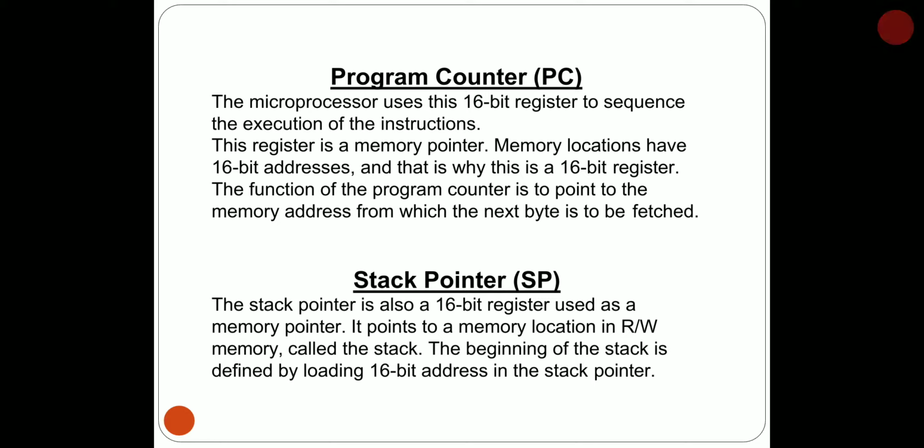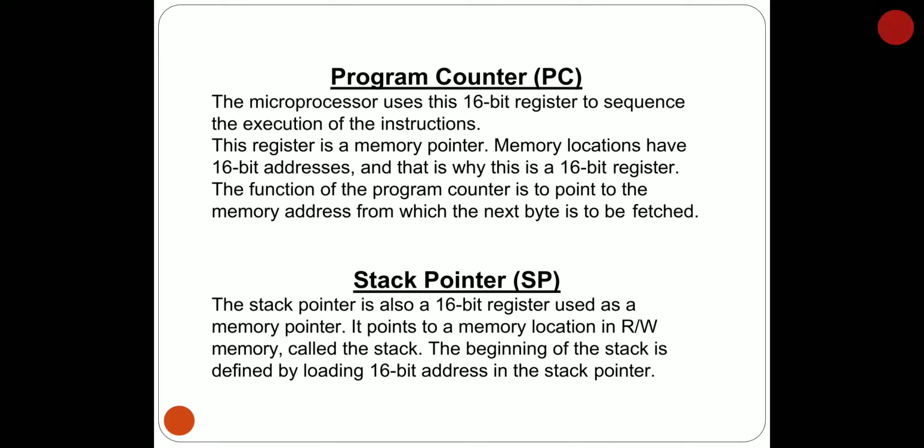Program counter. The microprocessor uses this 16-bit register to sequence the execution of the instructions. This register is a memory pointer. Memory locations have 16-bit addresses, and that is why this is a 16-bit register.